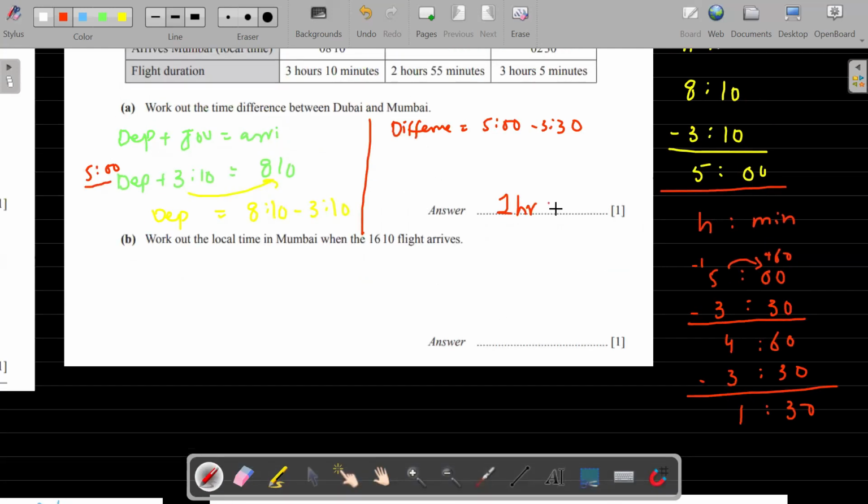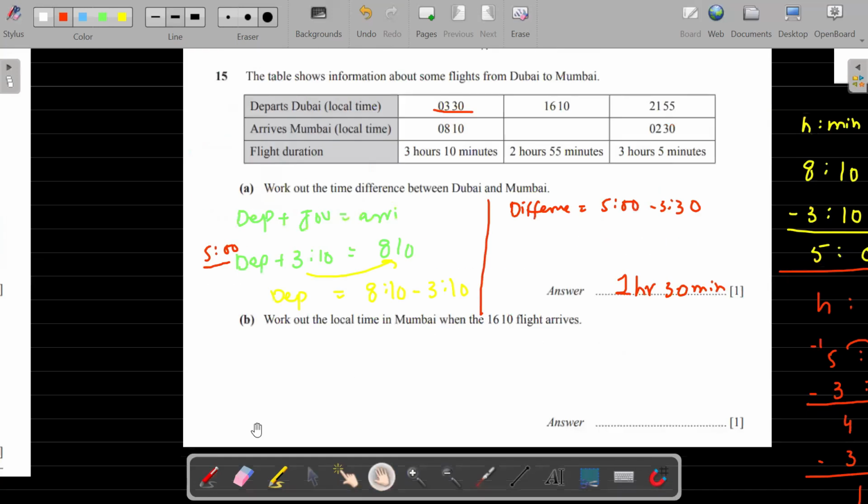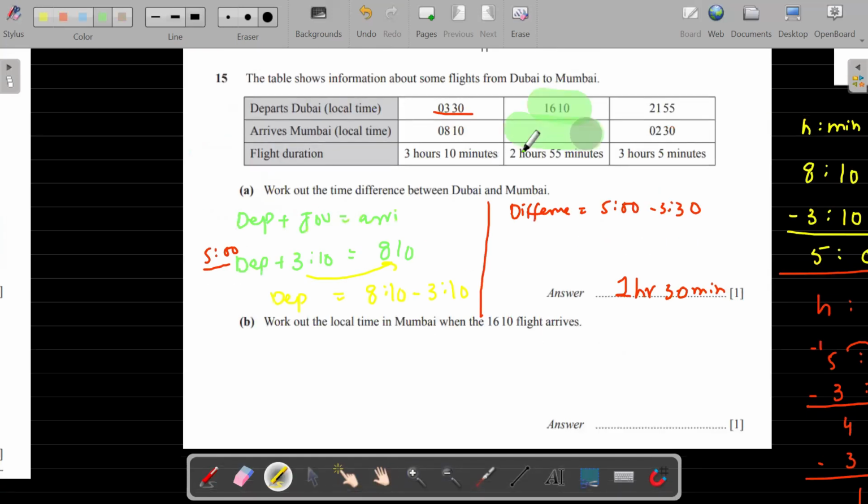1 hour 30 minutes. Now it says to work out the local time in Mumbai when the flight takes off at 16:10. They are asking for this portion. We know the time difference between these two countries is 1 hour 30 minutes. If the flight takes off at 16:10 according to Dubai local time, then Mumbai is ahead of Dubai.